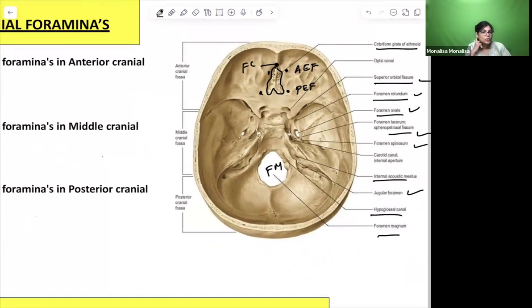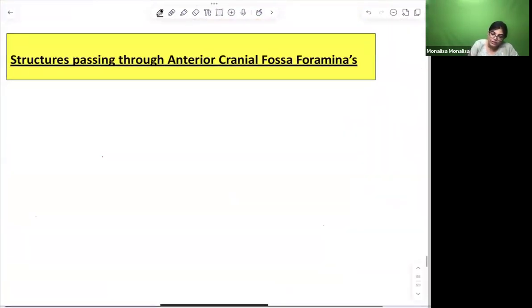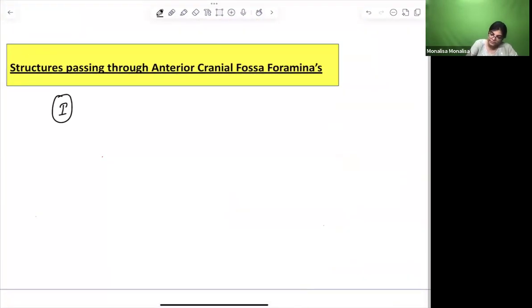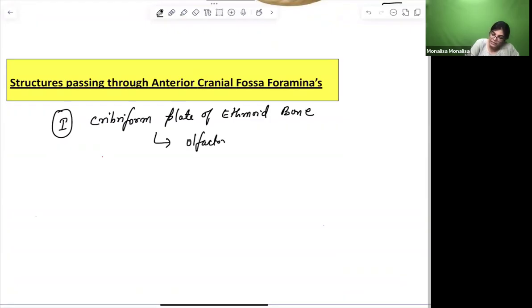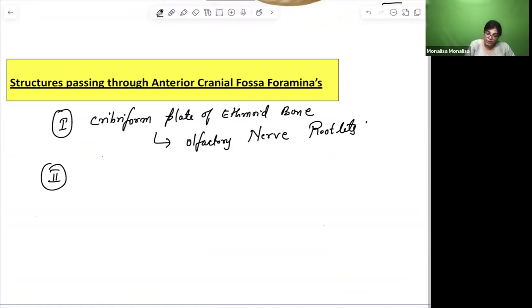Now, what is important is to know the structures passing through them. So, let's write. What structures pass through the cribriform plate of the ethmoid bone? Olfactory nerve rootlets. What passes through the foramen cecum? Emissary vein.